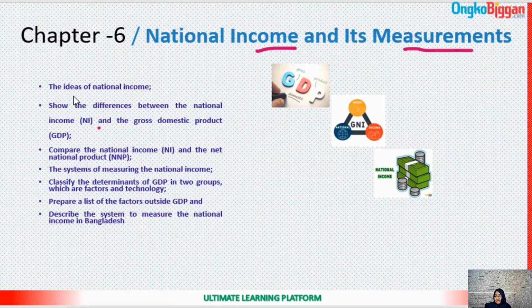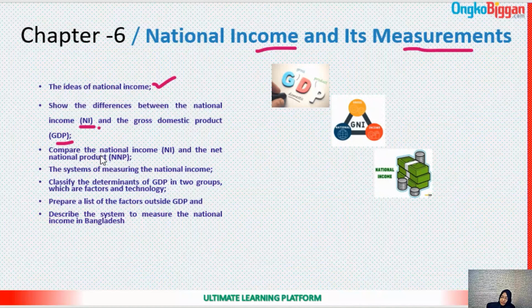Okay, and here we have to learn the ideas of national income, and show the differences between national income, which is represented by NI, and the gross domestic product. Gross, G for gross, D for domestic, and P for product. That means the GDP. So here we will learn about the differences of national income and GDP.